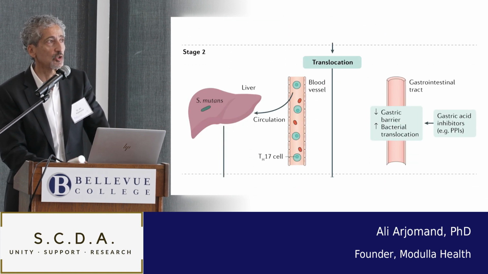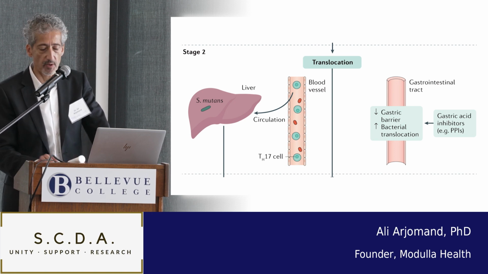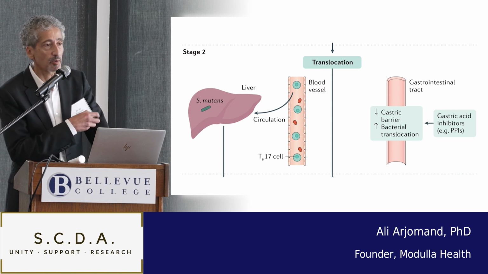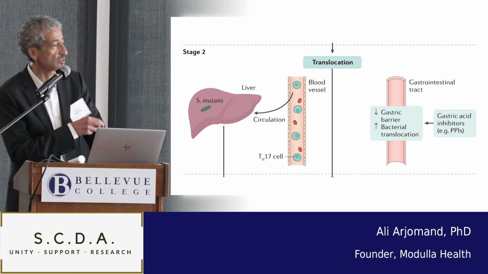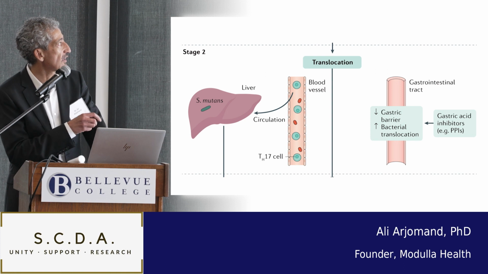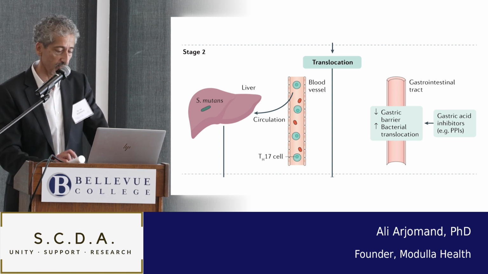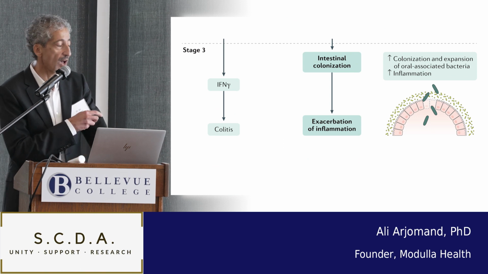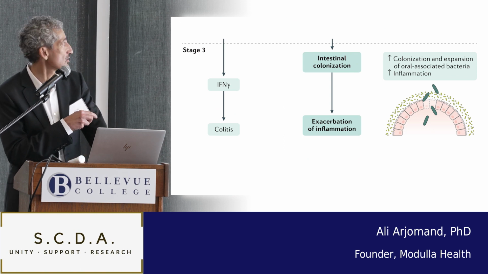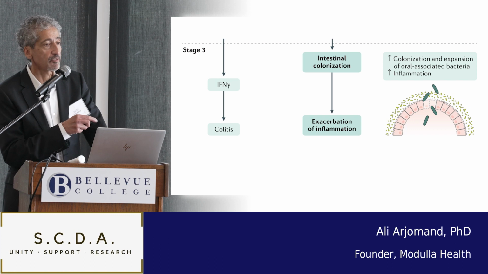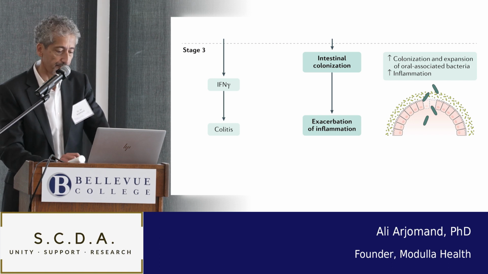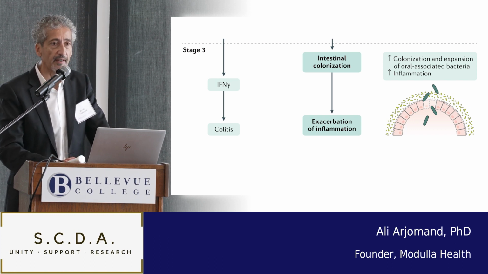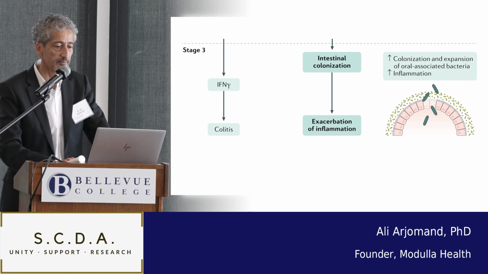This then leads to distribution, or what we call translocation, of those microbes, either through a back door from your blood vessels in the mouth, entering the systemic pathway, or landing in your gut and causing trouble down there. And then from there, we know what happens. We get TNF production, colitis, inflammation, and so on. So that's the story, and this is kind of how it starts coming together.